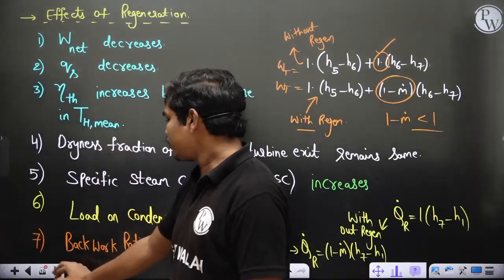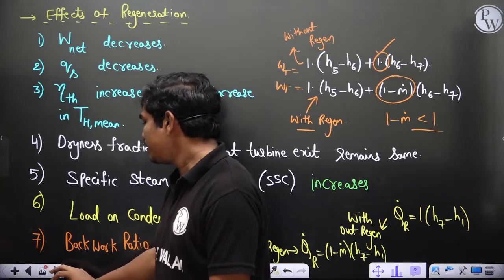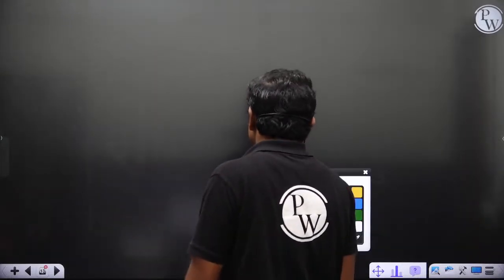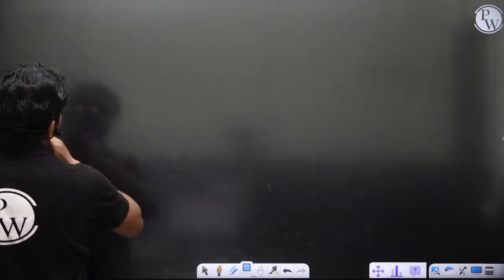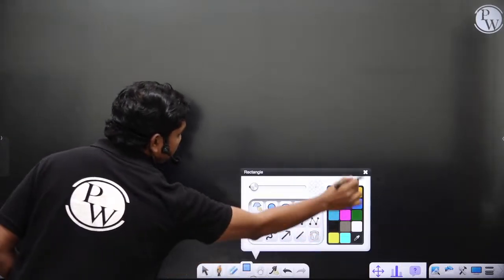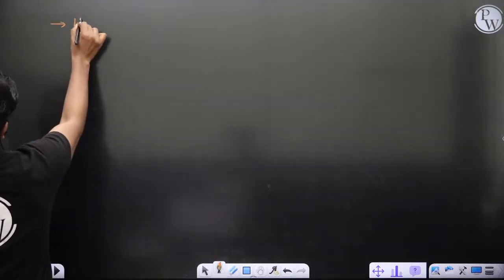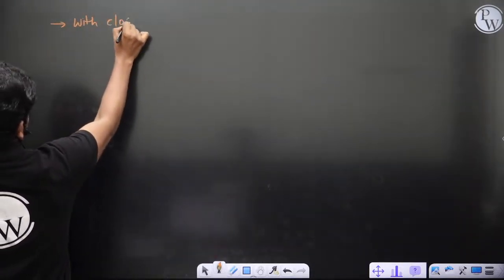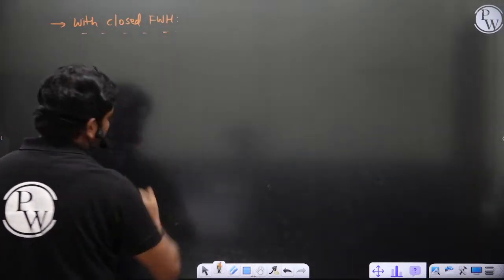Now before I start gas power cycles, only one thing that I want to tell: closed feed water heaters. What happens with closed feed water heaters? In case of closed feed water heaters, since both of these streams do not mix with each other, there is only one thing which changes in the circuit. There is a boiler plus superheater with closed feed water heater.